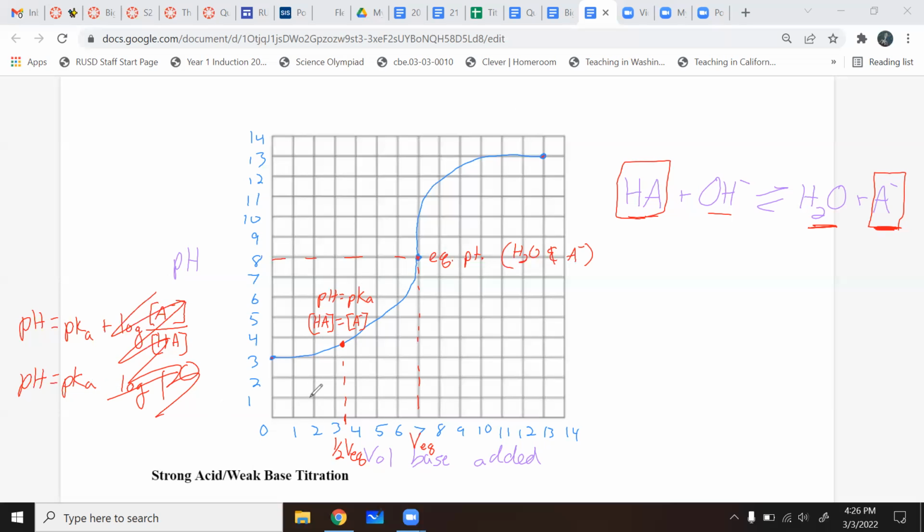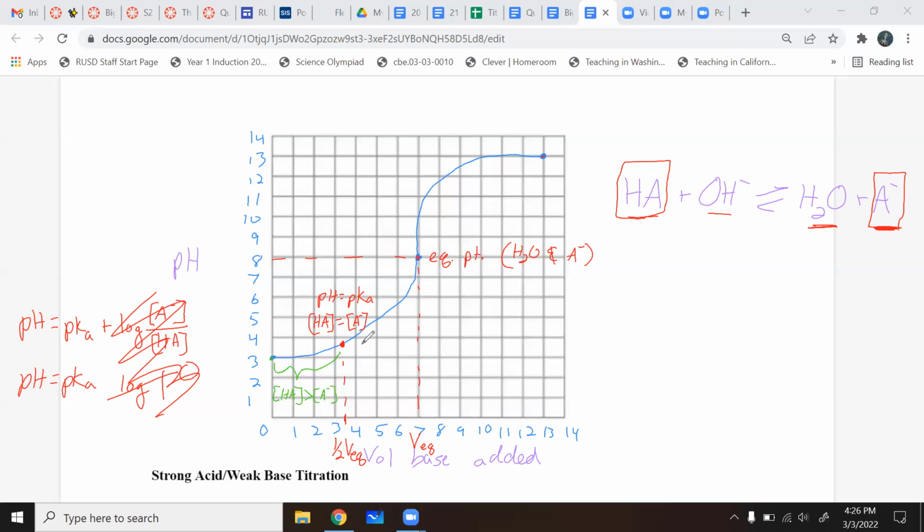Next, we're going to label what species are most prevalent at what points on this titration curve. From the start of our titration here at pH of 3 up until our half equivalence point, this area right here, our concentration of our weak acid is going to be greater than our concentration of conjugate base. That makes sense, because at this point we have not added a ton of base, so we mostly have weak acid.